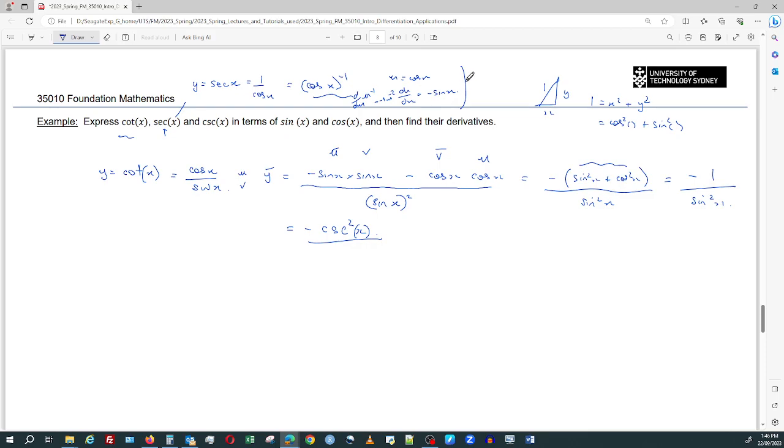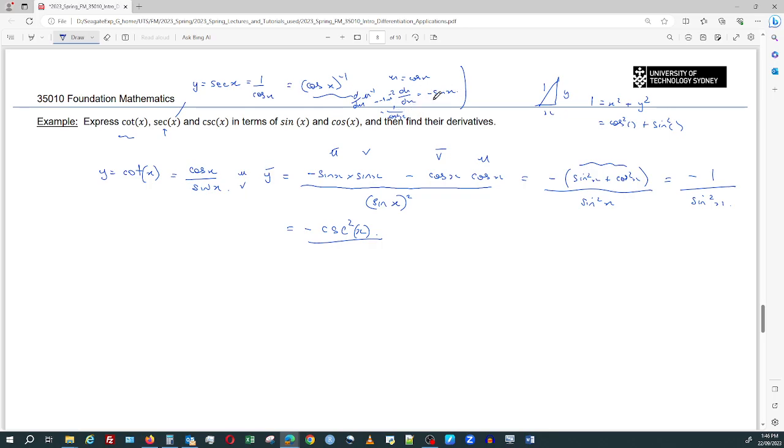And we'll get minus 1 u to the minus 2, minus times a minus is a plus. So we'll just get sin x, u here was, better finish that off, minus 1 over cos squared x.